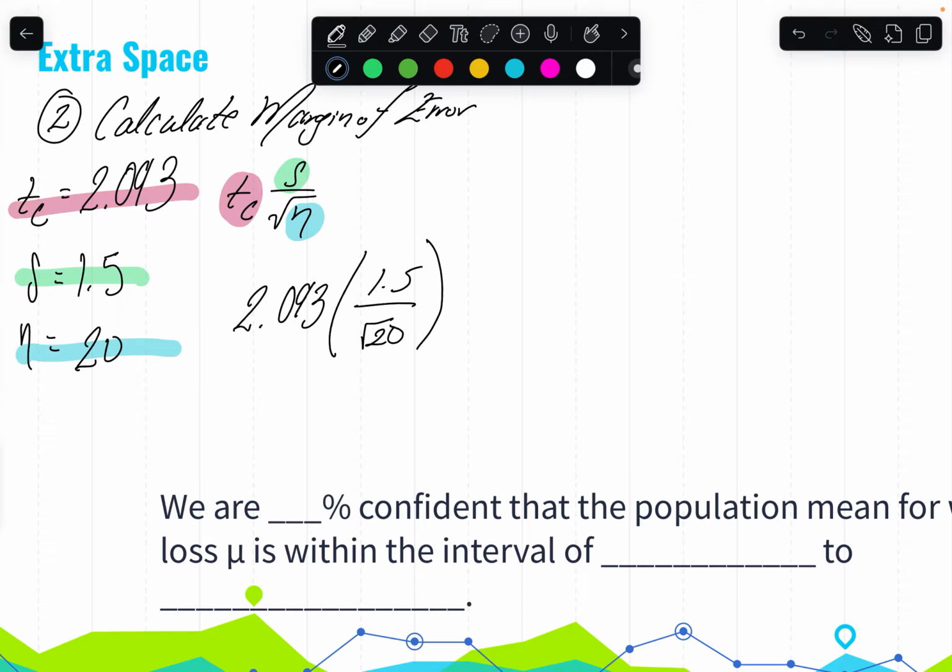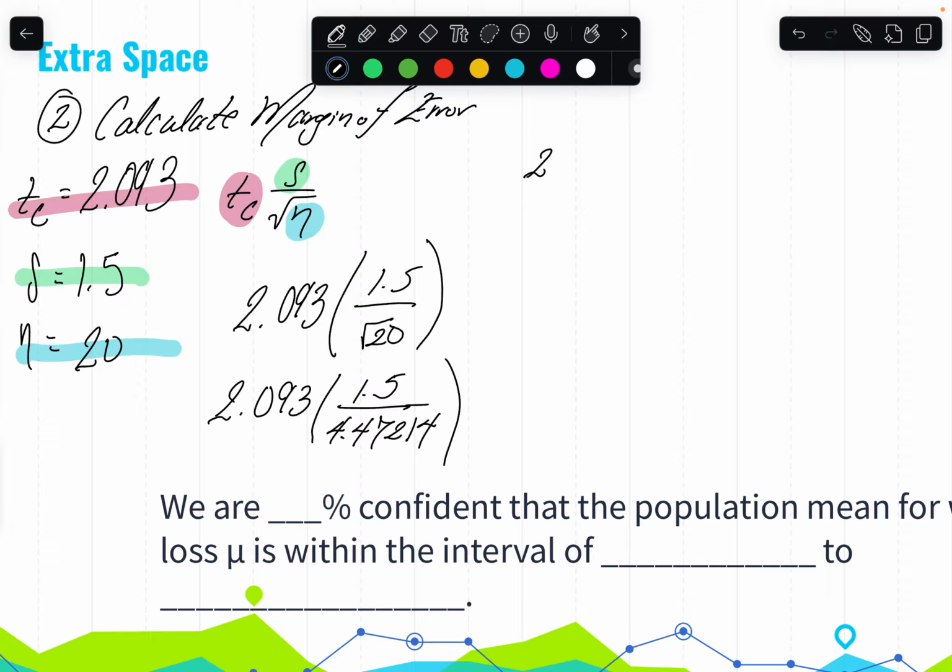Let's see here. Square root of 20 is going to be equal to 4.472135. So I'm going to round up that 3 to 4. I'm going to do everything in the parentheses first. So 1.5 divided by 4.47214.